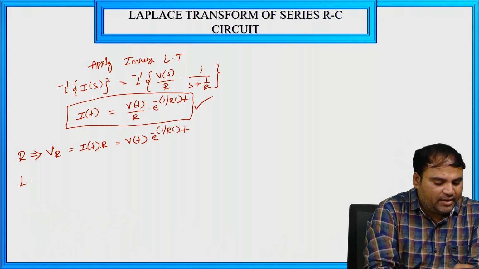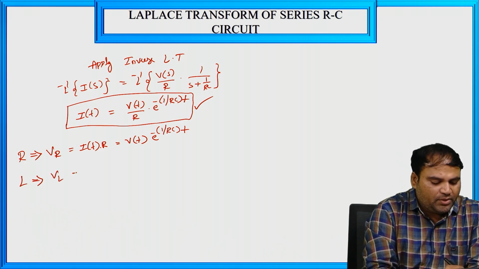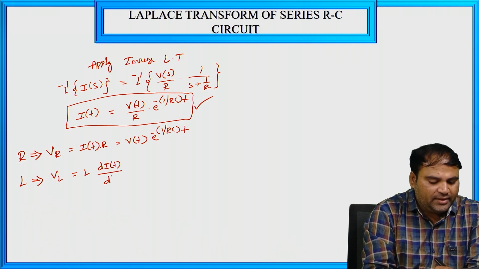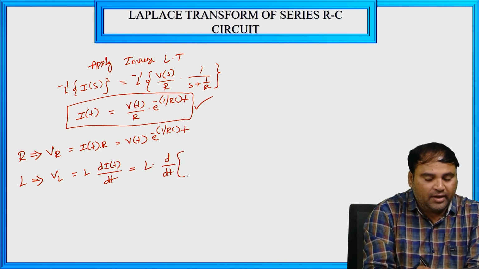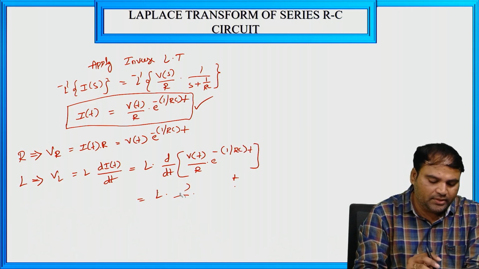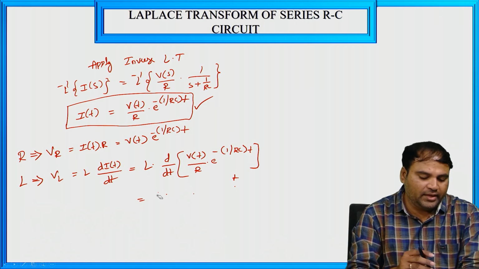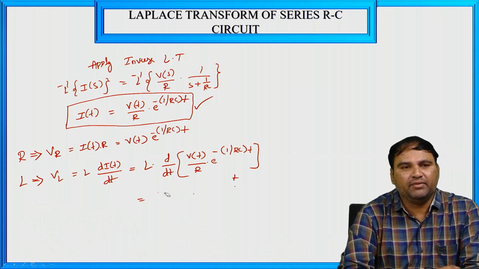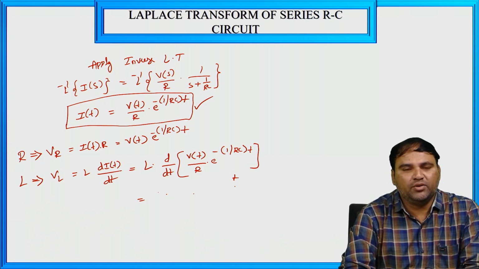And for the inductor, VL equals L into di of t divided by dt, that is L into d by dt of I of t, where I of t is V of t divided by R into e to the power of minus 1 divided by RC into t.